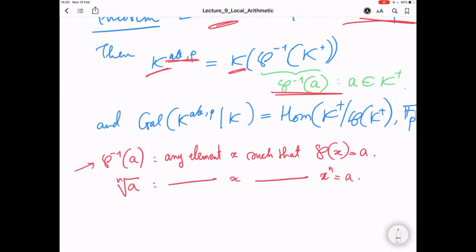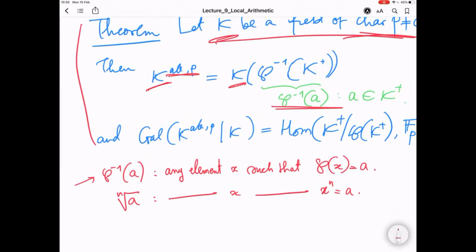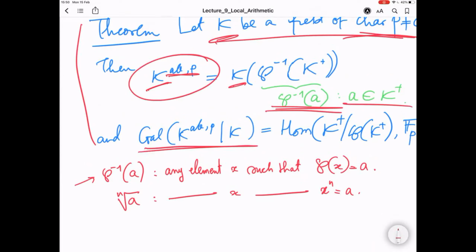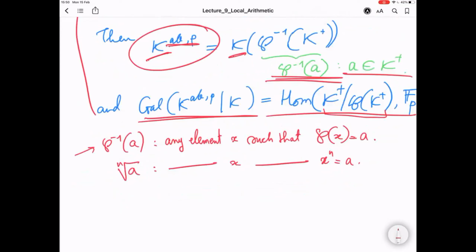So what this theorem is saying is that if you have a field of characteristic p, and you're interested in its maximal abelian extension of exponent p, then you just need to adjoin ℘ inverse of a for every a in k. And the Galois group of this maximal abelian extension of exponent p over k is just the group of all homomorphisms from this co-kernel to Fp, right?